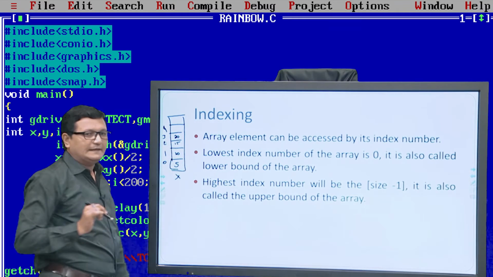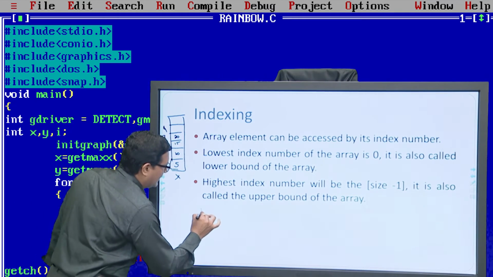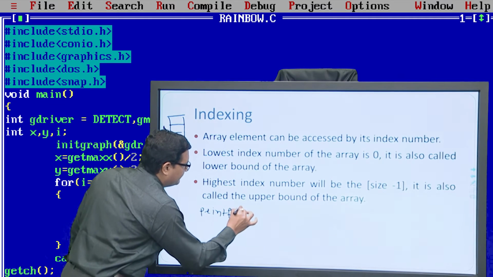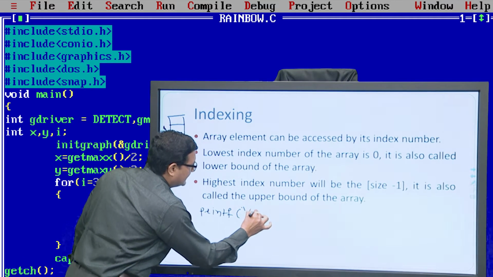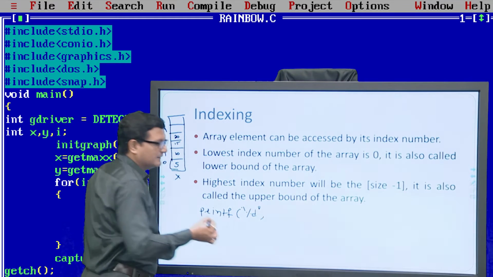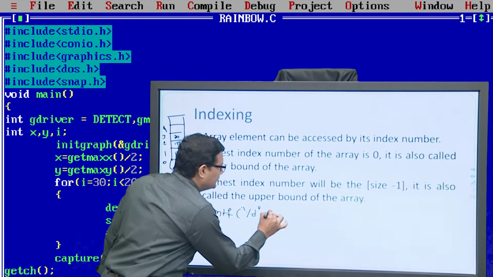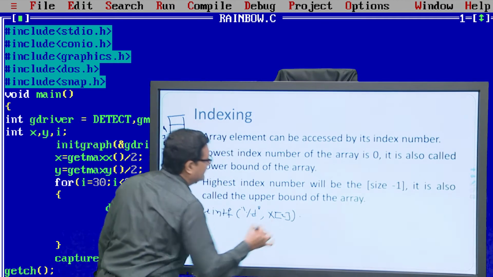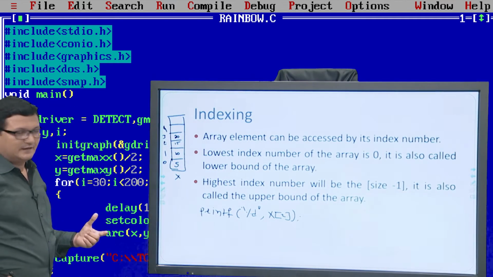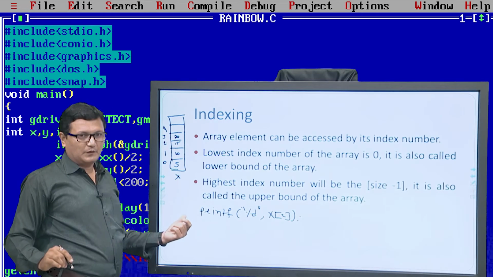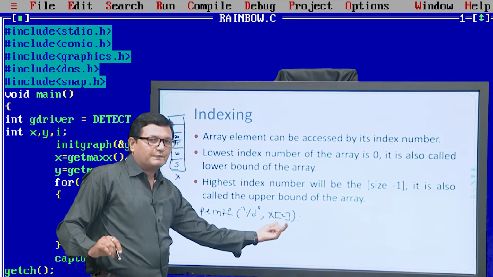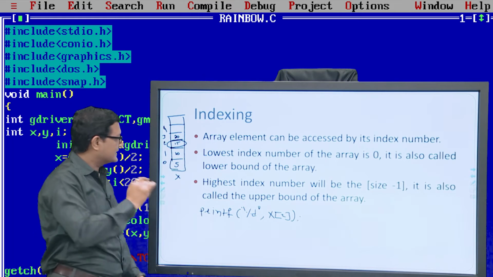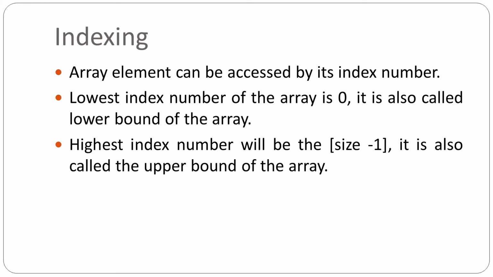If you want to print 15, how can you write the statement? We write printf, and since we are printing a number, the format specifier will be %d, and then you write x[2]. The index number is very important because an array is a collection. If you write x[2], the computer will access the element at index 2 of your array x, and this will print 15.